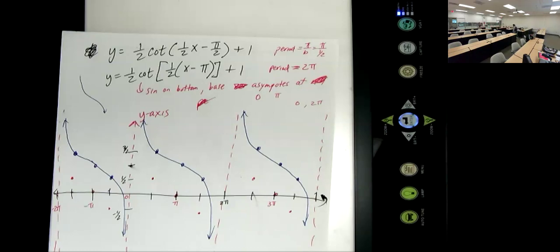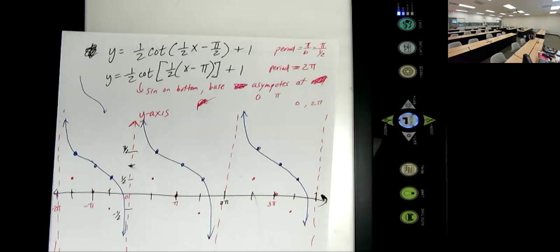I'm curious how we got the period. For any of the graphs, you just divide by that b. The base period on sine, cosine, and their inverses is 2 pi, so we do 2 pi over b. The base period on tangent and cotangent is pi, that's how often the asymptotes repeat. And so we just divide that by b.